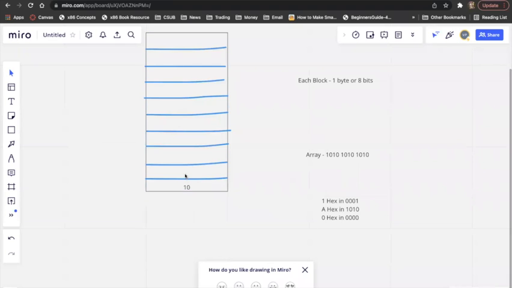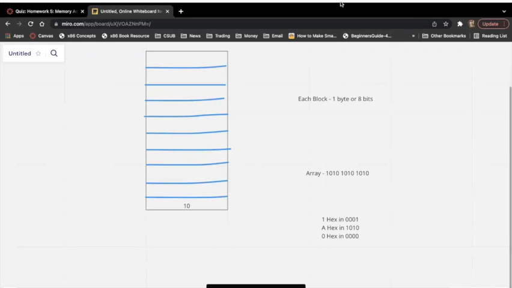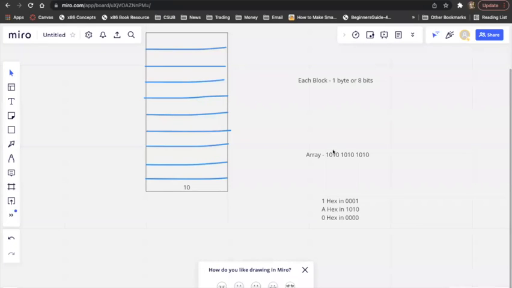Here we're going to go by little endian, so the least significant one first. One block will save this 10 in itself.